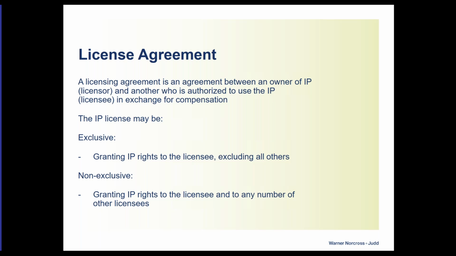Now, the compensation may be a fee or a royalty, or it may be a cross-license, meaning if both parties have IP that both are interested in, they can form a cross-license as the compensation for this license agreement.